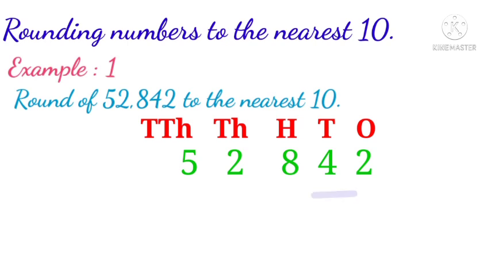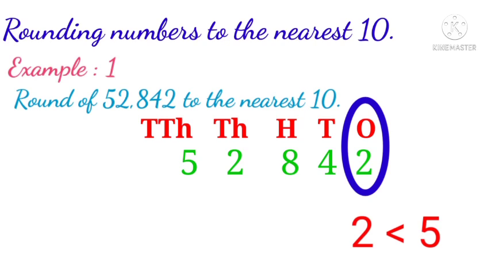Step 3. Check the digit in ones place. If it is less than 5, then the digit in tens place does not change and the digit in the ones place becomes 0. Here we have digit 2 in ones place, which is less than 5.